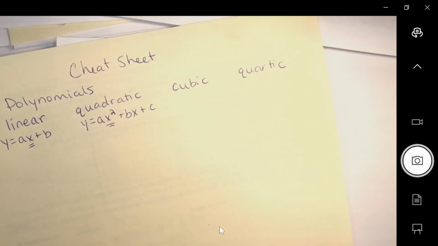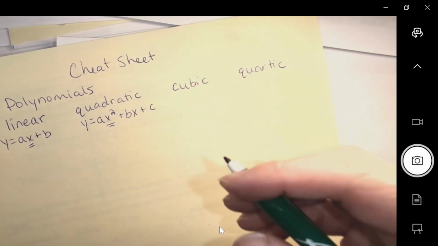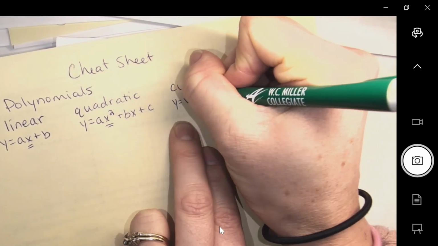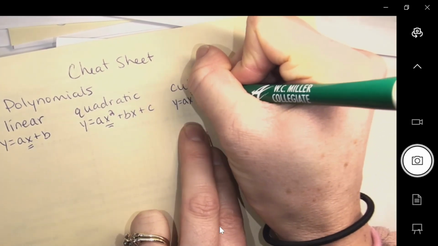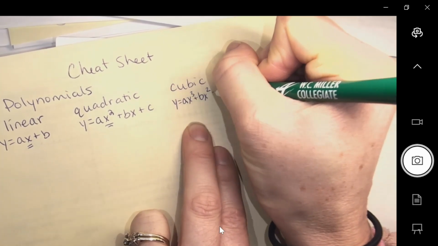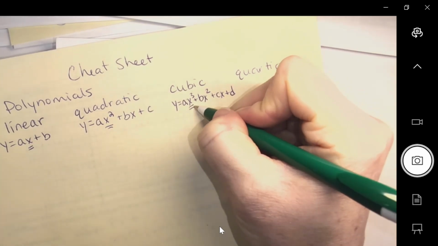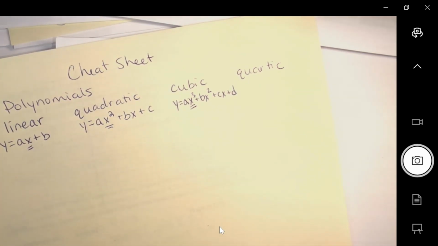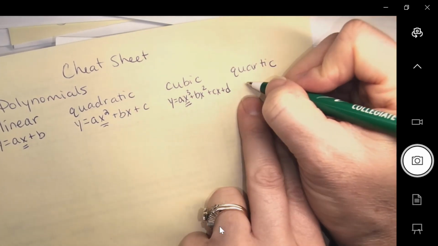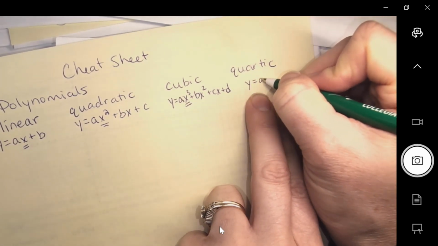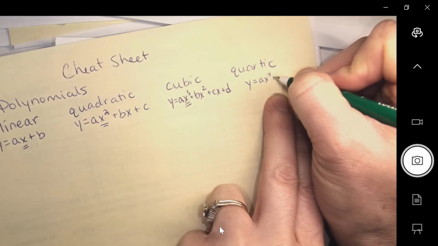That one has an x squared. Can you follow the pattern? So this one will have ax cubed, bx squared, cx plus d. So those are all the main things you're looking for. You're looking for the biggest. And then finally a quartic has a 4th degree.